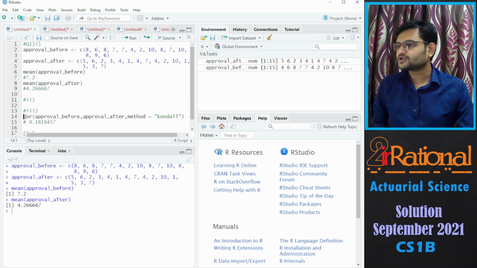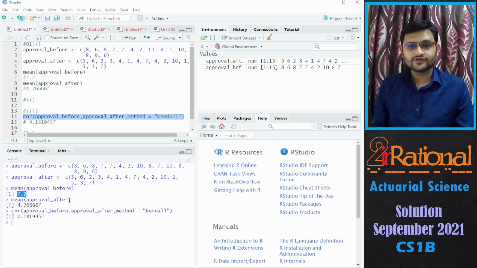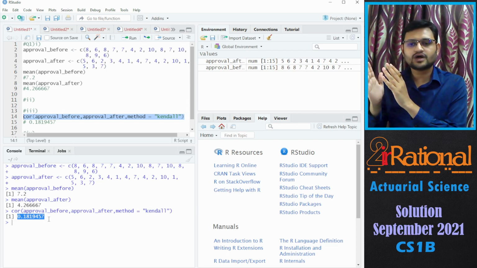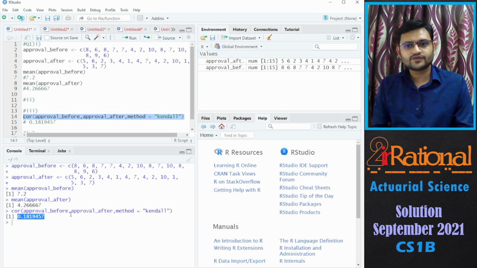And for the correlation coefficient, cor is our function, so we'll have approval before, approval after, and method we'll take as Kendall. So these are the values that we see. We can see that mean approval before was 7.2. So on average we had a good approval, whereas mean approval after became small. So clearly the approval has gone down, and the correlation is very small. That means not everybody who was approving before had a similar experience afterwards.